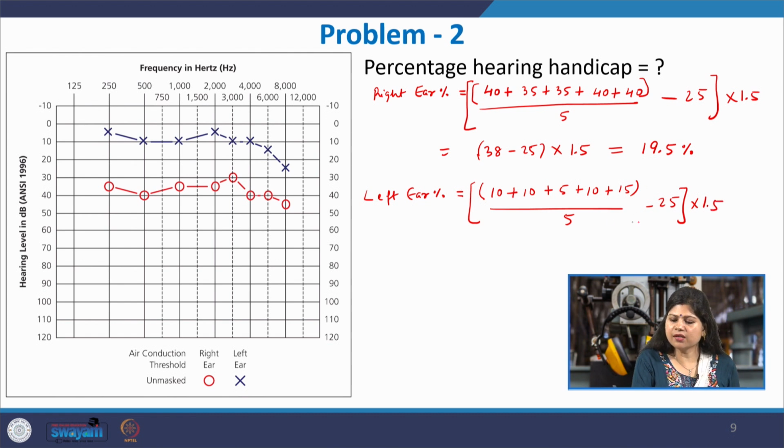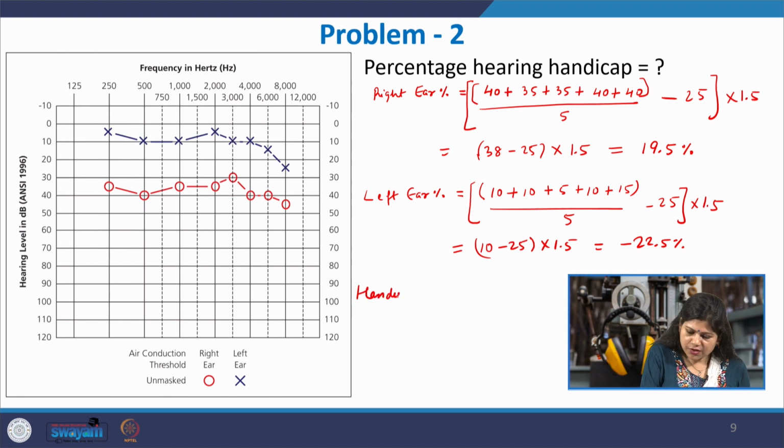As you see here, the threshold is much lower than 25, so you are getting a negative result here. It just means that it is going to be used in the equation.